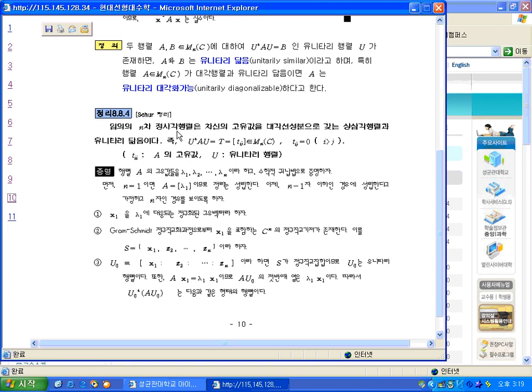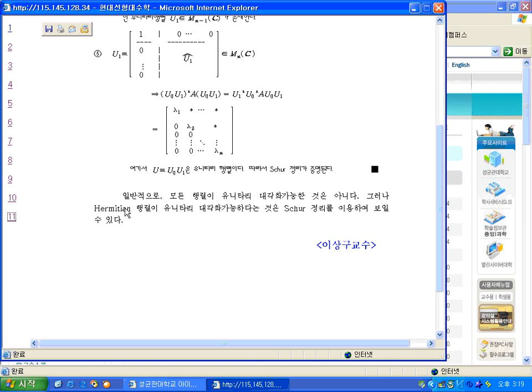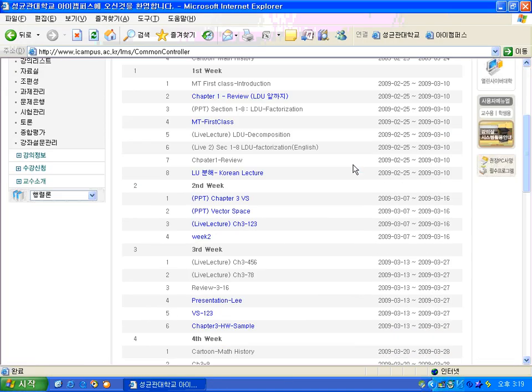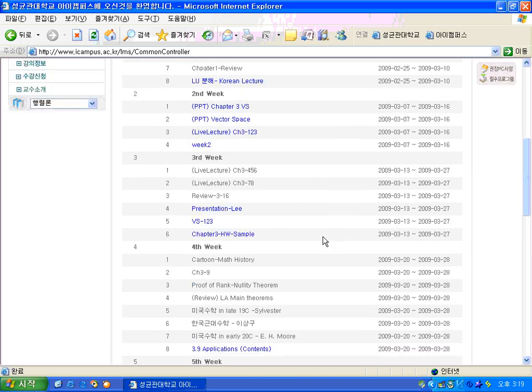And I think the very last one is Schur's theorem that you should know. Those are the main theorems that you're supposed to know, and the theorems that you are learning here are the advanced version or different version and consequence of those previous theorems that you have learned.